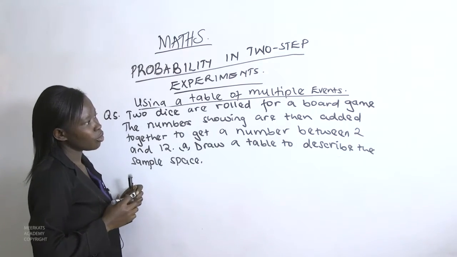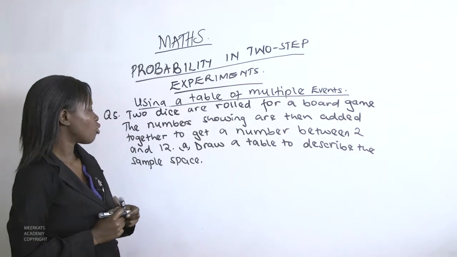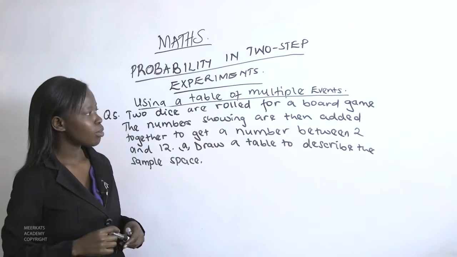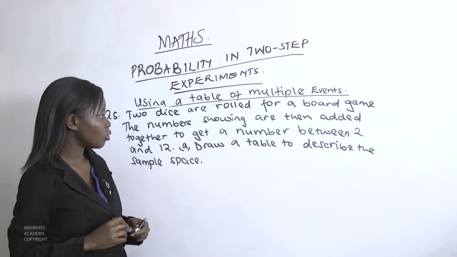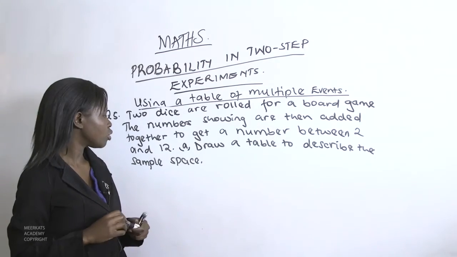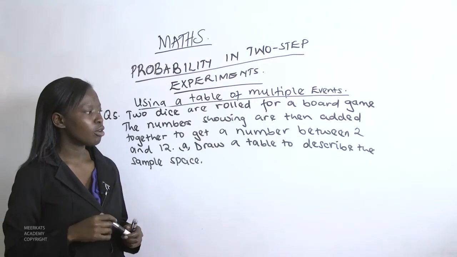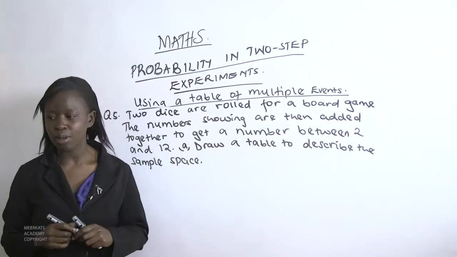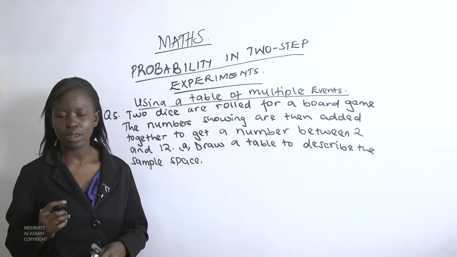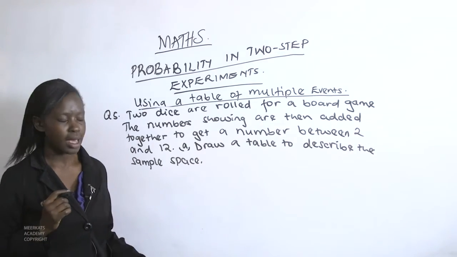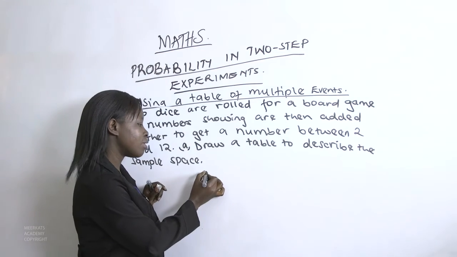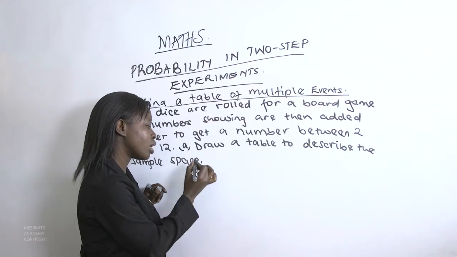So we are having 2 dice being rolled for a board game. The numbers showing are then added together to get a number between 2 and 12. So draw a table to describe the sample space. We have a die having numbers between 1 and 6.